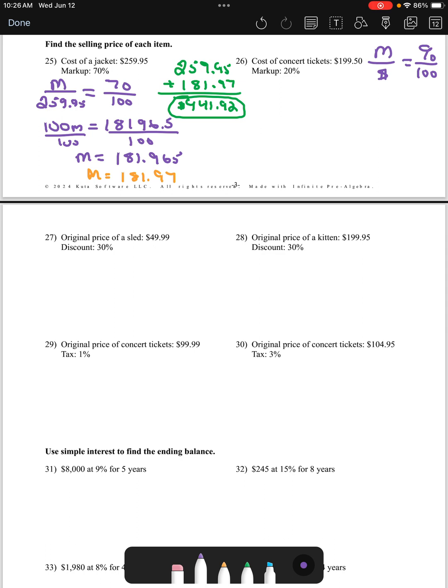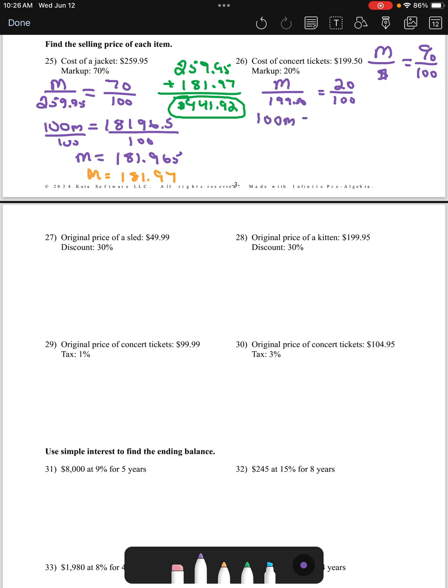I invite you to pause and try 26. Setup is going to be my unknown markup over the price of the concert tickets, $199.50, equals the percent, 20 over 100.